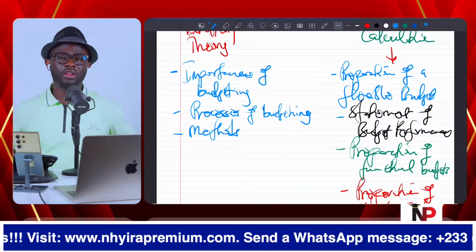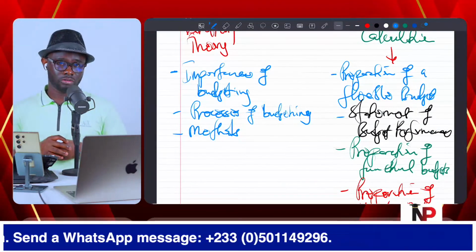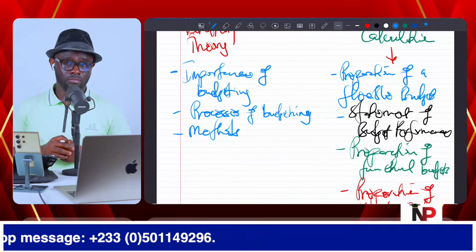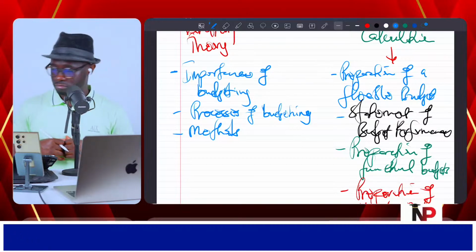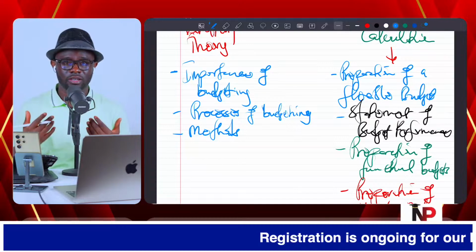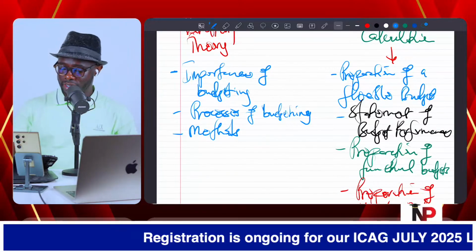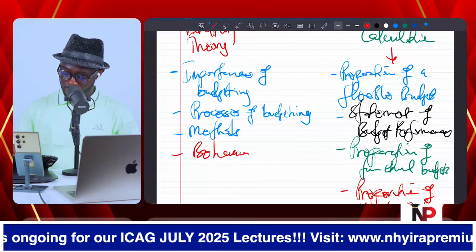This is where we are looking at the incremental cost budgeting method, zero-based budgeting, activity-based budgeting, program-based budgeting, and all that. Then some behavioral aspects of budgeting.